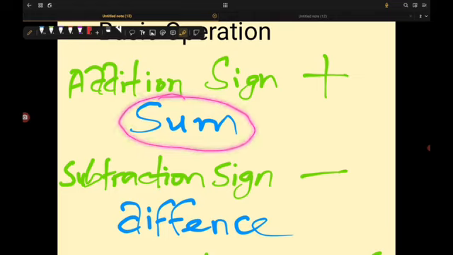If you do not want to say add 10 to 2, you can say what is the sum of 10 and 2. So sum is an alternative term for addition.